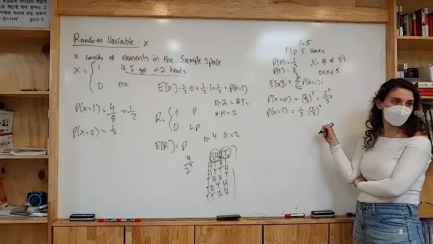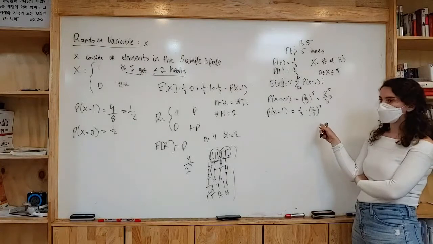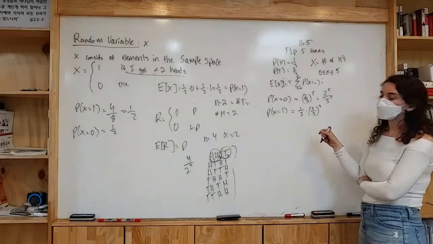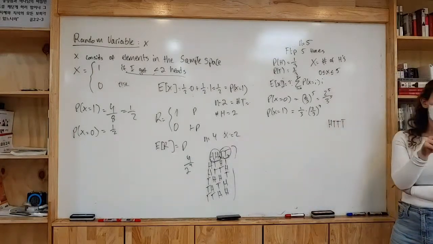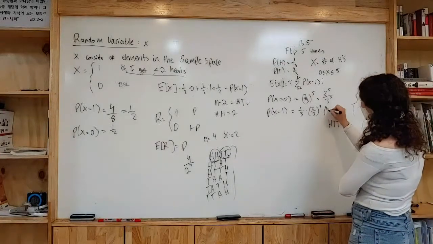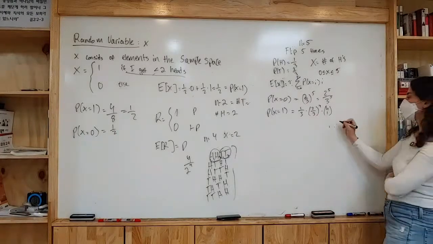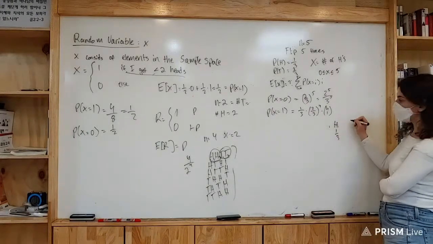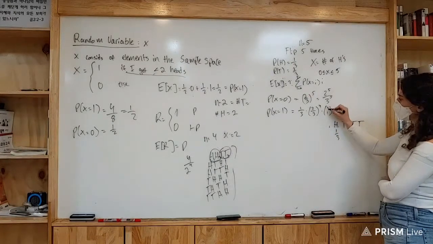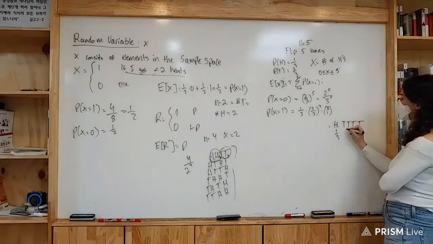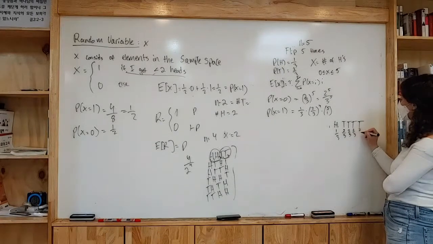There's one more thing you need to worry about. P of x equals 1 would be the probability of getting HTTTT, times 5 choose 1. Why? Because I get H with 1/3, and these are all 2/3.